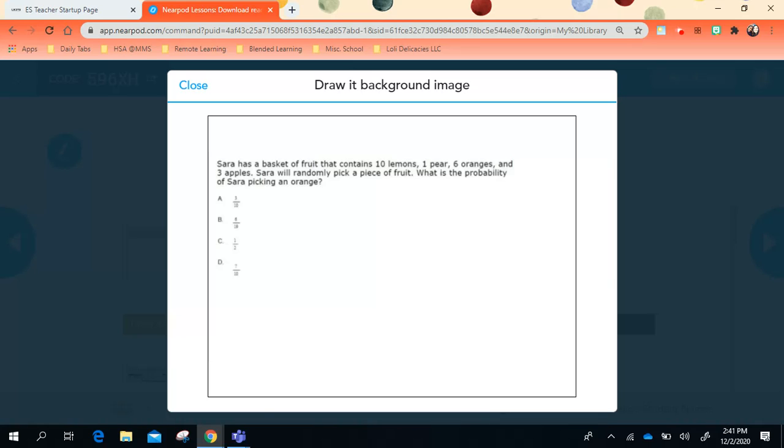We have answer over total, right? So if we're looking at the probability of taking an orange, how many oranges are there? 6. And how many total fruits are there? Good. So it would be 6 over 20, right? And then we gotta simplify it to find our final answer. Good. There you go.